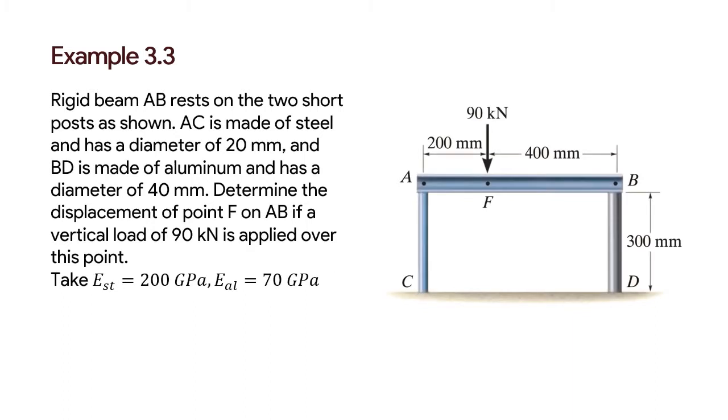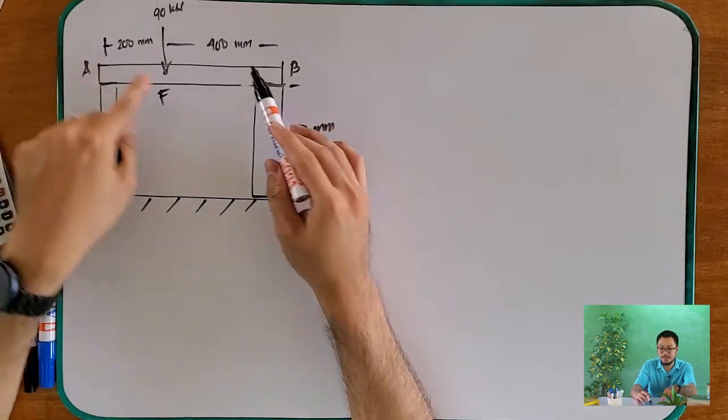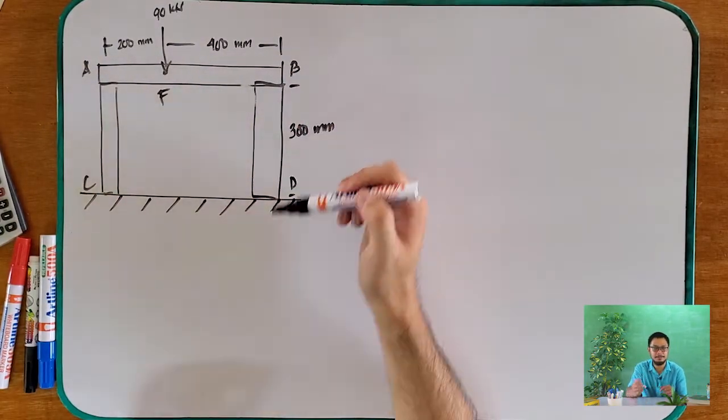Okay. Last example. We have this problem. This one is confusing. Okay? And we will use our trigonometry. So, we have this load of 90 kilonewtons applied at this point F. It is 200 millimeters from here and 400 millimeters from this beam.